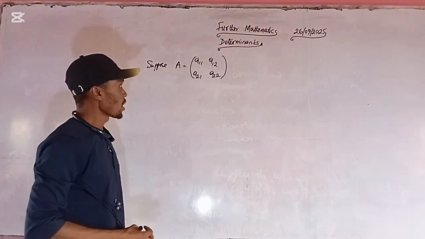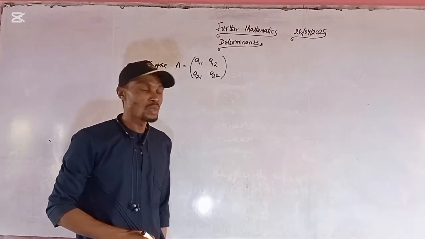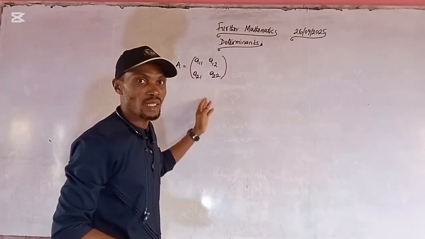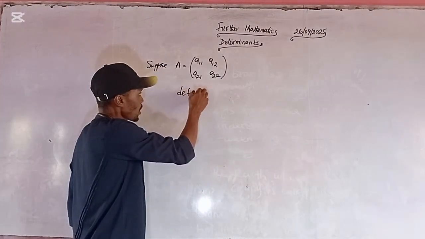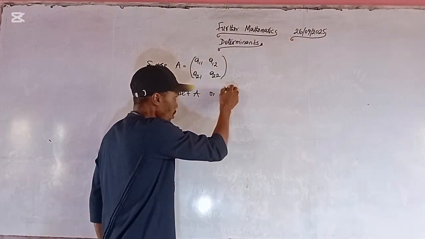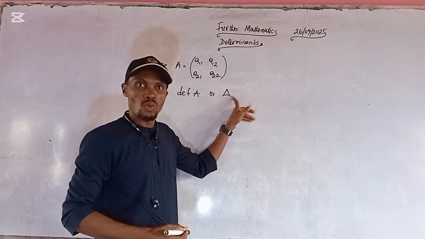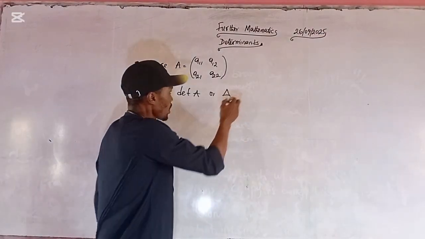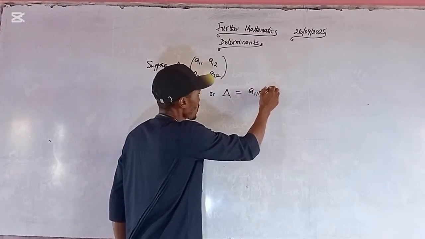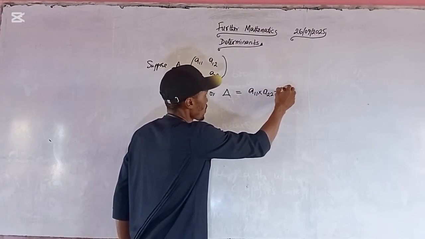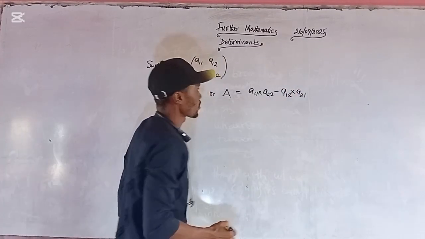Then the determinant of matrix A, which is designated as delta A, or a small triangle, called the determinant of a square matrix such as this, is given as A11 times A22 minus A12 times A21.